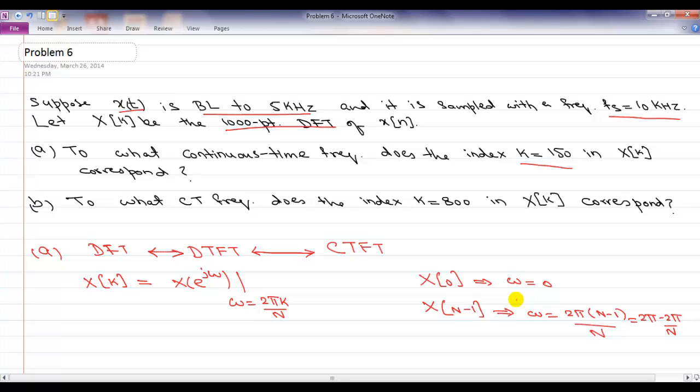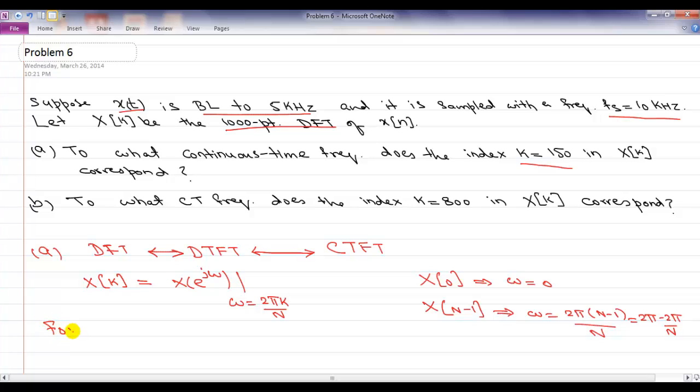Okay? So we have to be careful when we are doing this relationship, because at the end of the day we want to relate our index to continuous time frequencies. So what is our little omega in this?